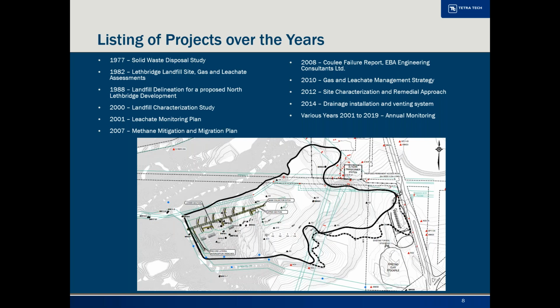The wells are red triangles and black circles. So the gas wells are the triangles and the circles are the monitoring wells. The topography shows that the site's relatively flat on the right side, which is the east side of the landfill, and it becomes steeper into the coulees on the left side, which is the west side. Next.